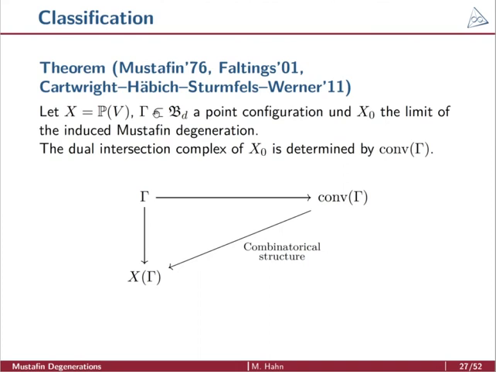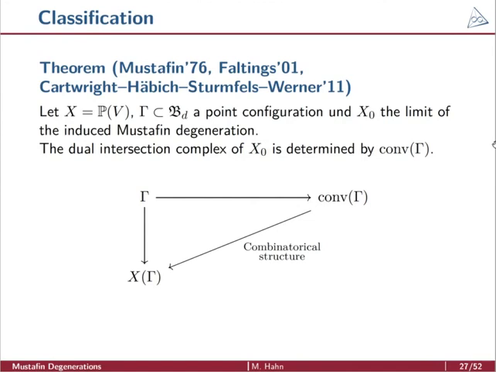So what this means is that the number of irreducible components of this limit and their intersection behavior, so the dimension in which these irreducible components intersect, is completely determined by this simplicial complex structure convex of gamma. So indeed, this convex of gamma knows everything about the combinatorial structure of Mustafin degenerations of projective spaces.